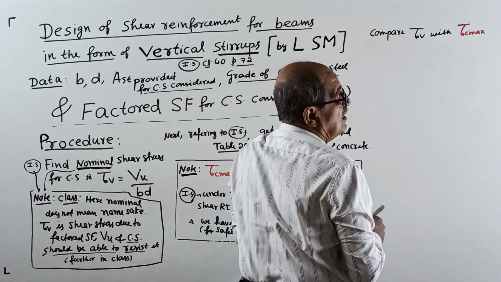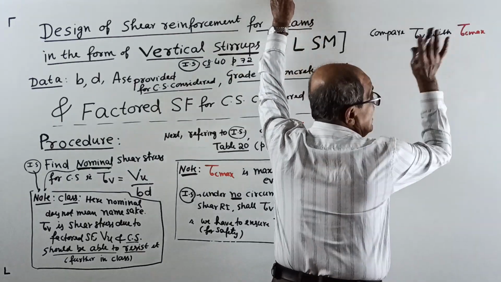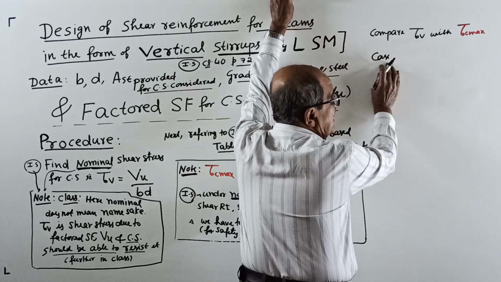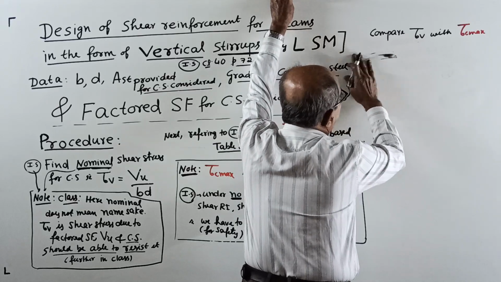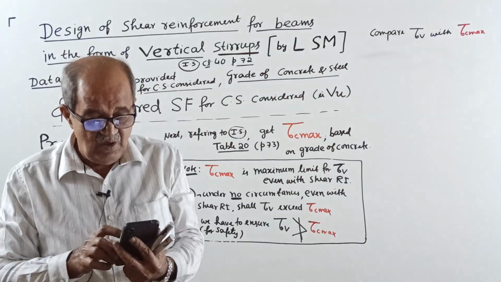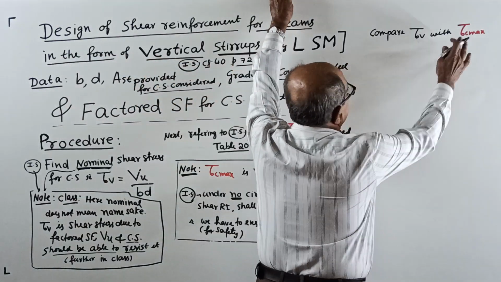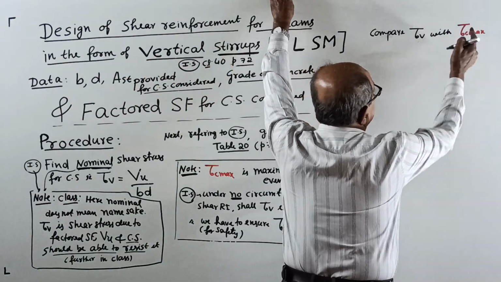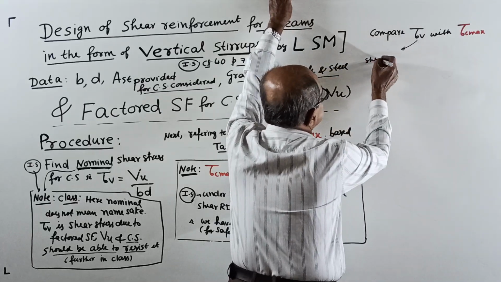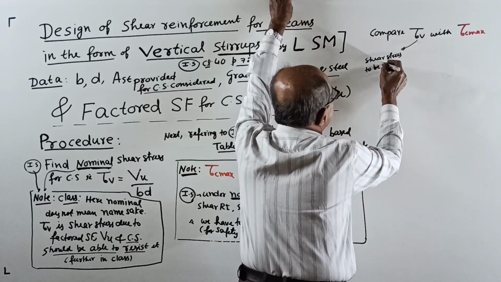Now, I will write here: compare tau V with tau C maximum. You can make a note here: shear stress to be resisted.